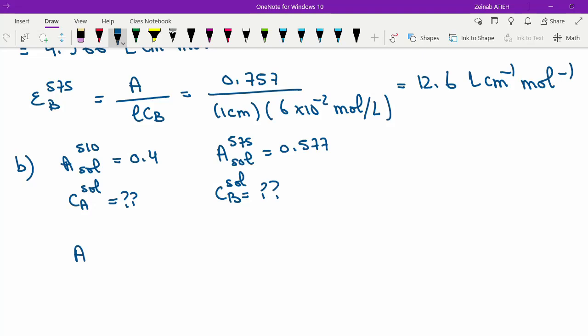So the absorbance of the solution at a wavelength of 510 is equal to L times the summation over I, where I runs over the salts in the solution, A and B, of epsilon I Ci.